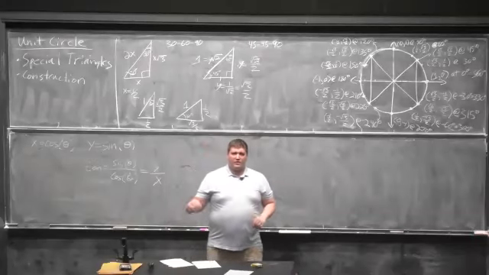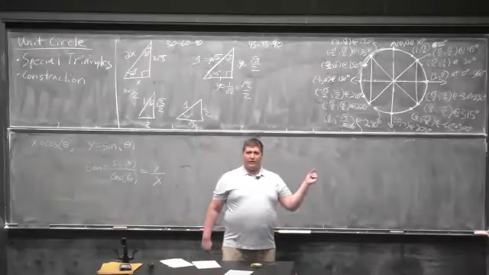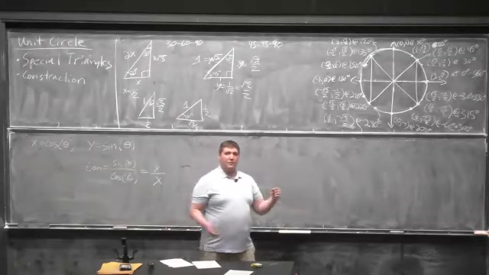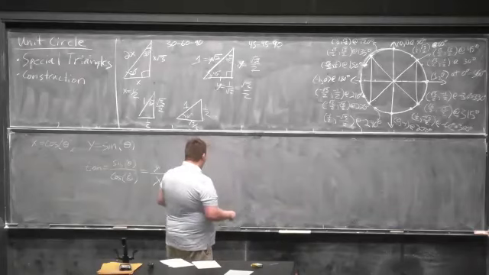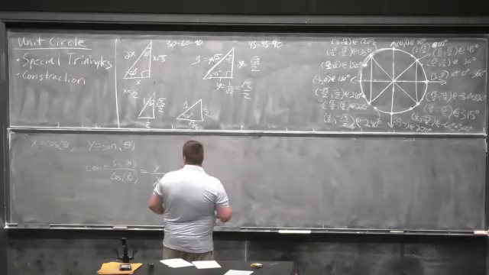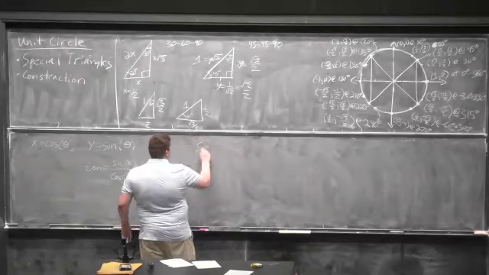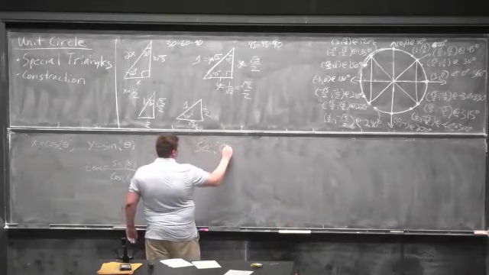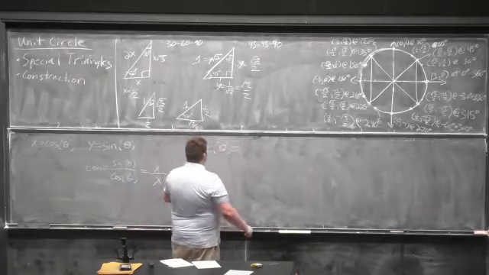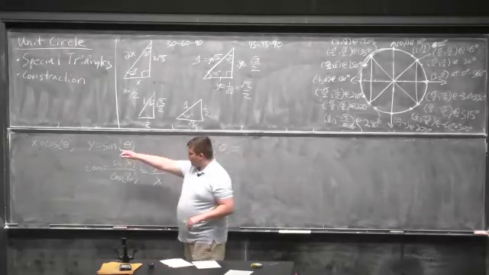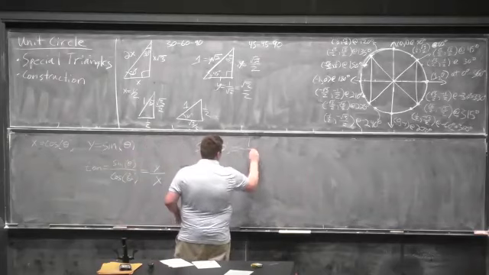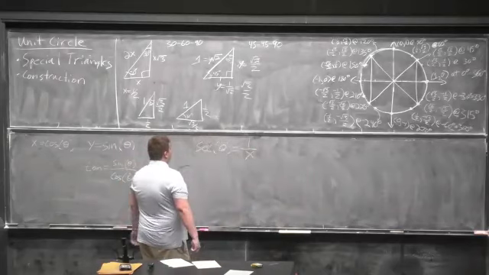Now, knowing these relations, we can start figuring out what cosecant, cotangent, and secant are. Secant of theta is 1 over cosine, which is really just 1 over x in this case.